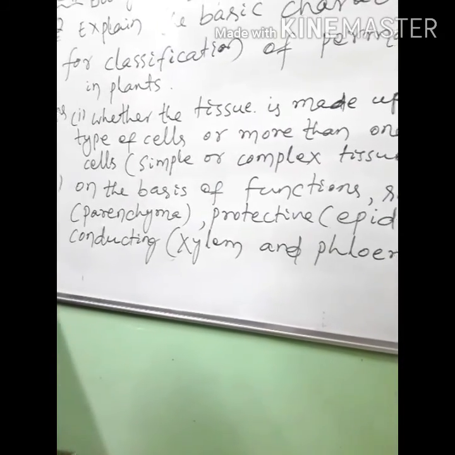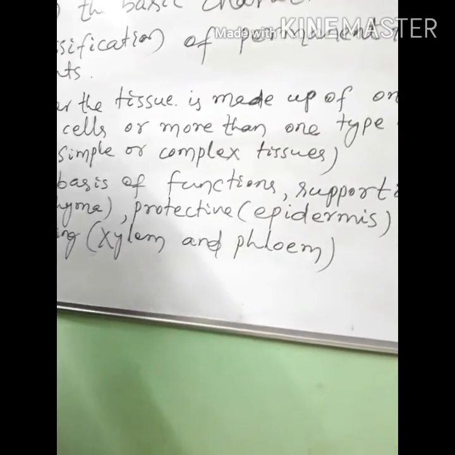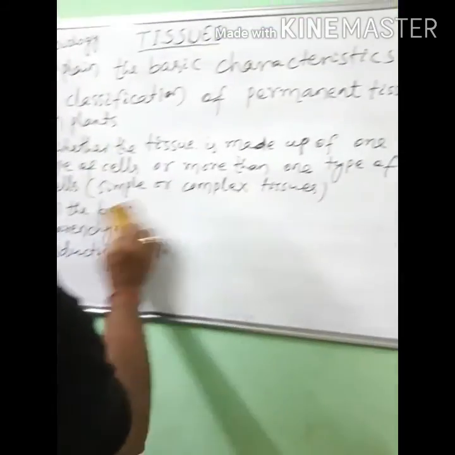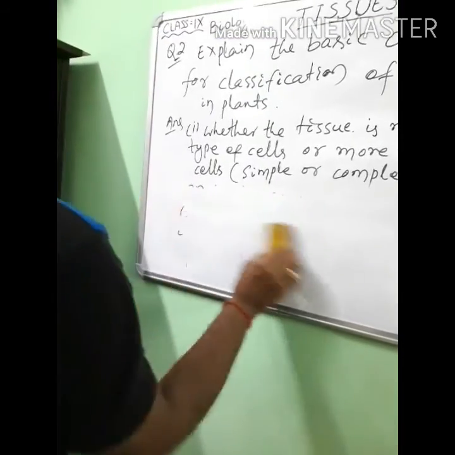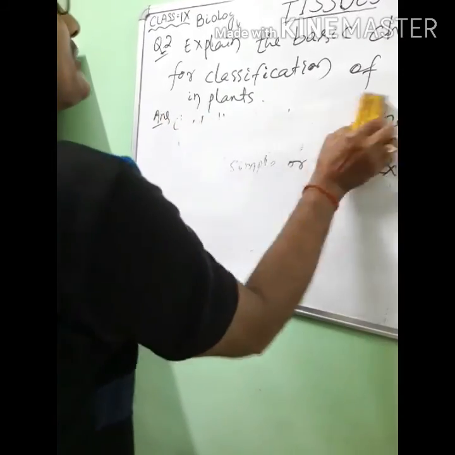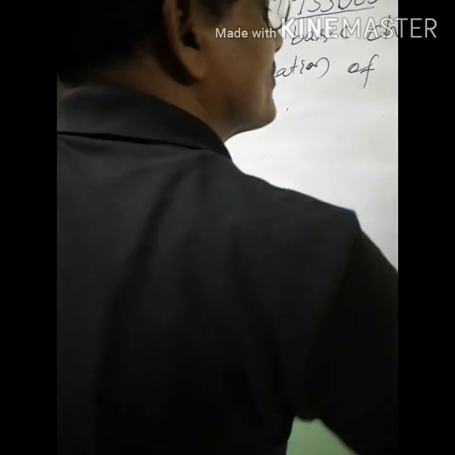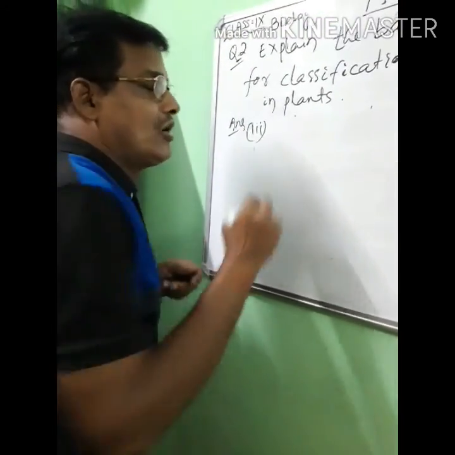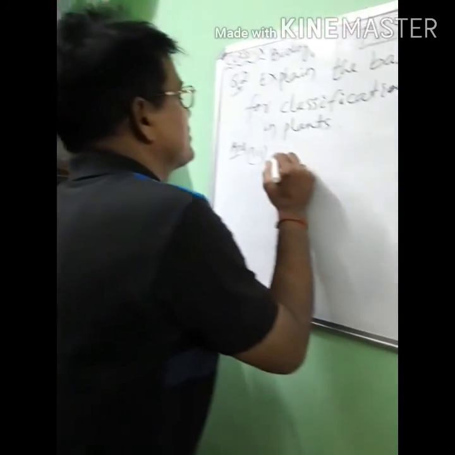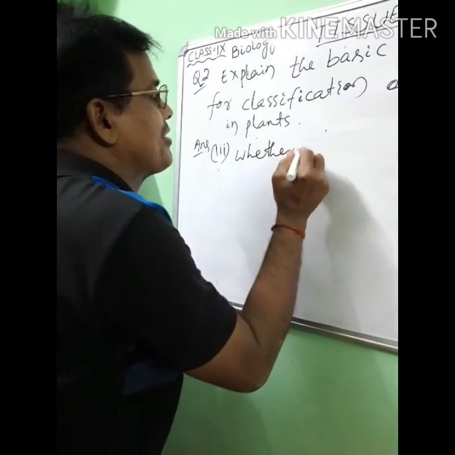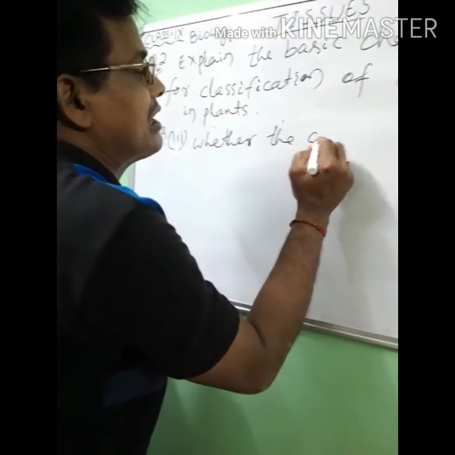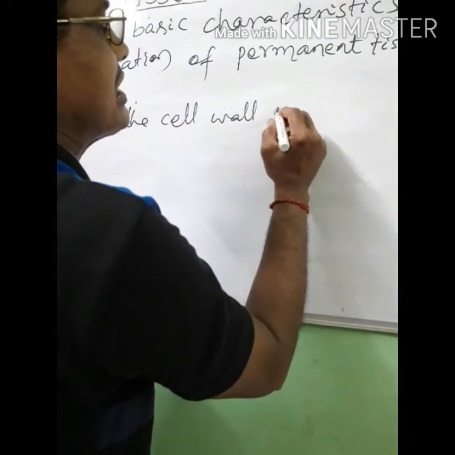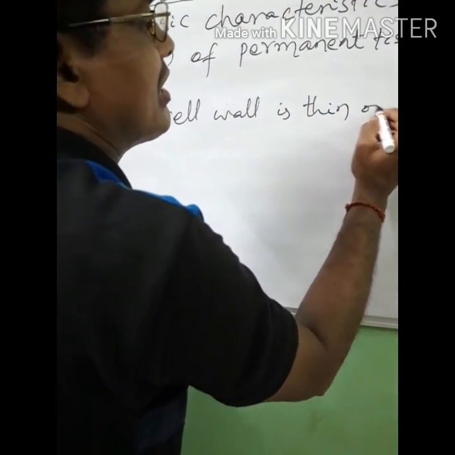The third one is whether the cell wall is thin or thick. This is a hot question, very important.